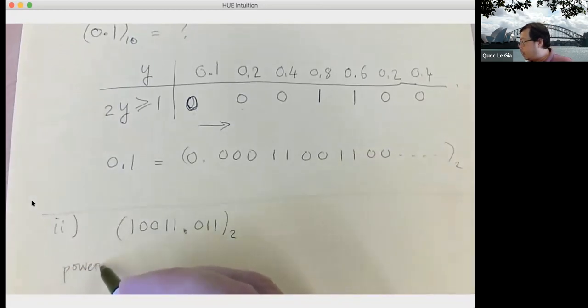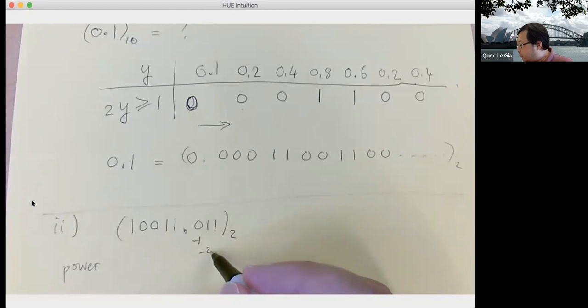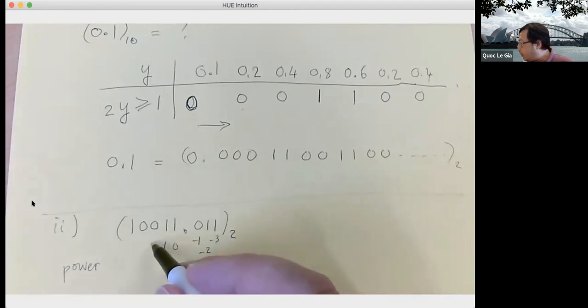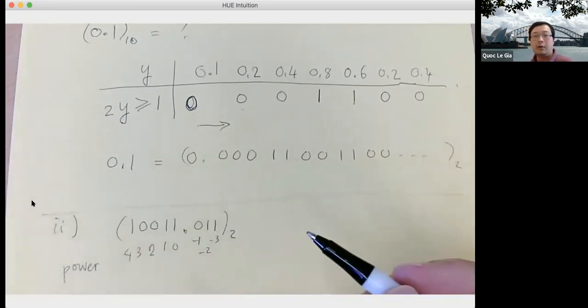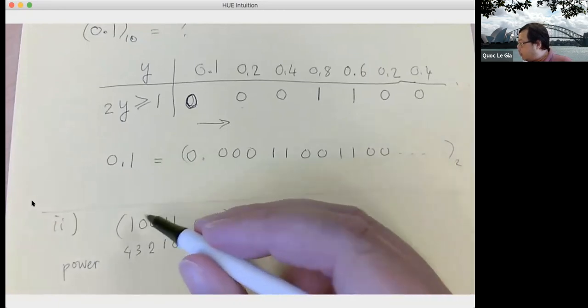After the dot the powers will be -1, -2, -3. Before the dot, power 0, power 1, power 2, power 3, power 4, for each digit. So then this one will equal 2 to the 4.